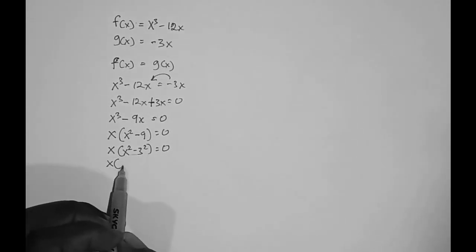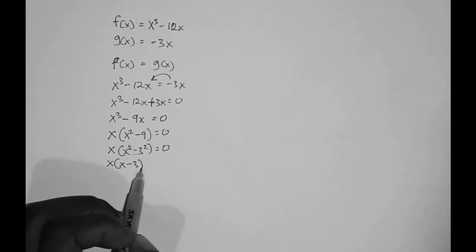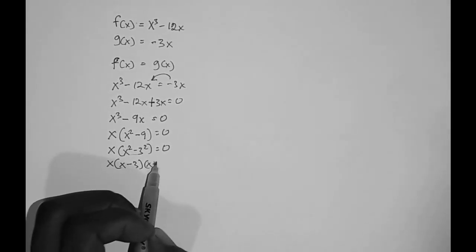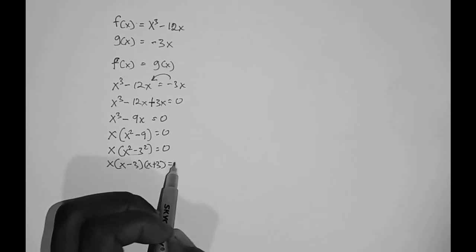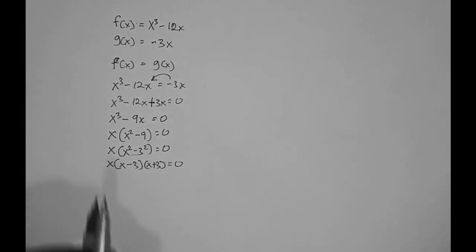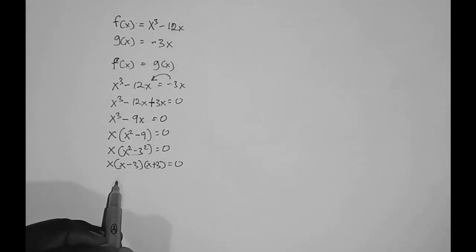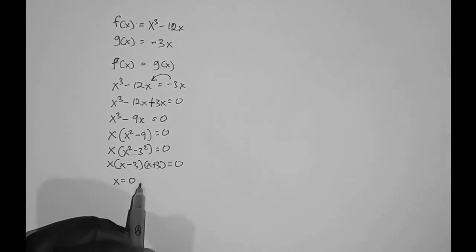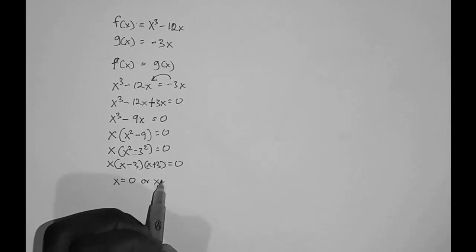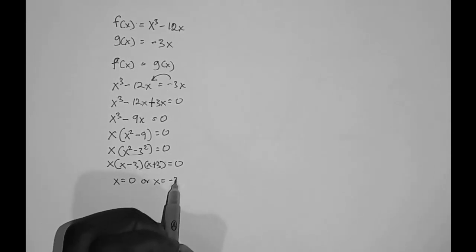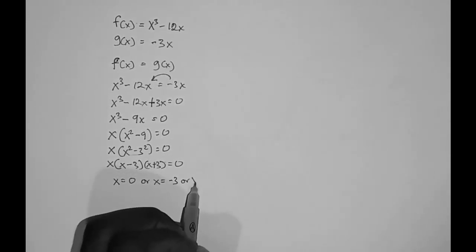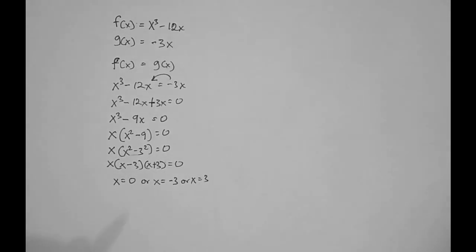So it becomes x times (x minus 3) times (x plus 3) equals 0. So the values of x are x equal to 0 or x equals minus 3 or x equals 3. These are the values of x.